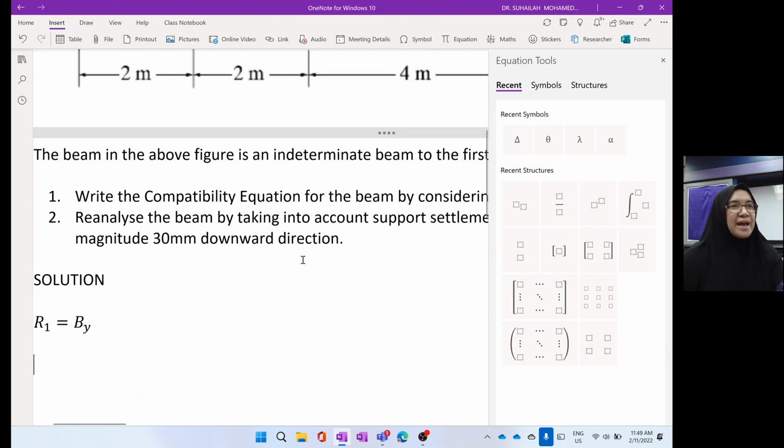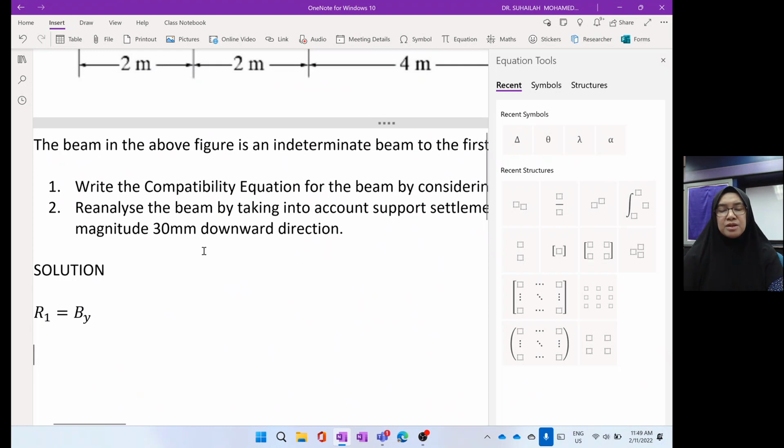From this, at this stage, you should be able to write the compatibility equation directly, without values. You don't need to draw the deflected shape. You don't need to derive the compatibility equation. You just need to use the equation.